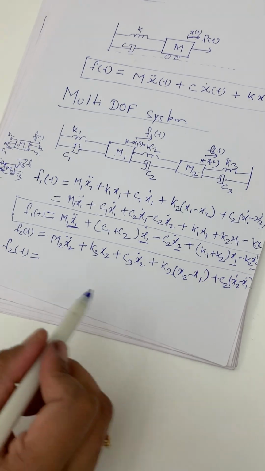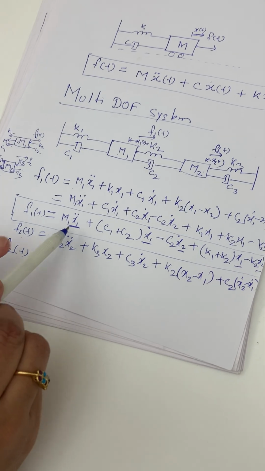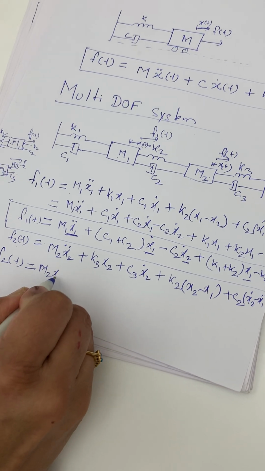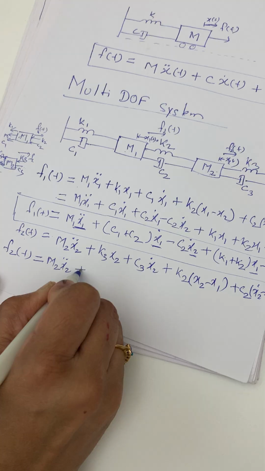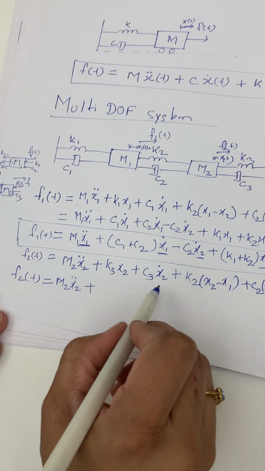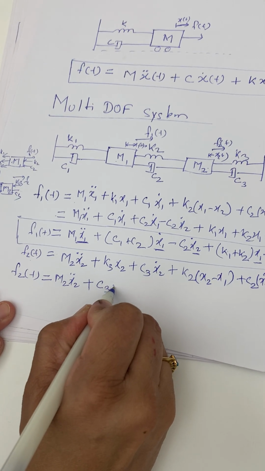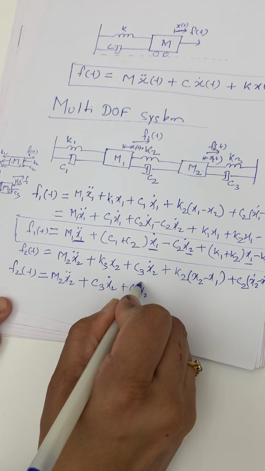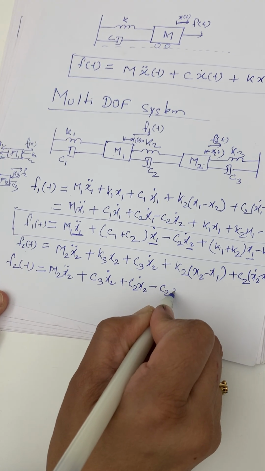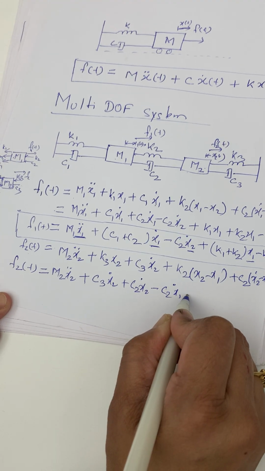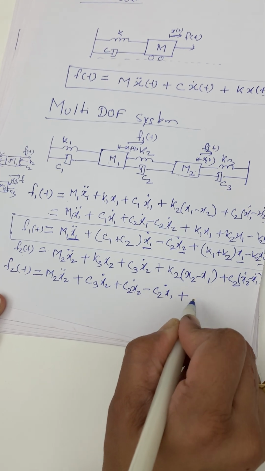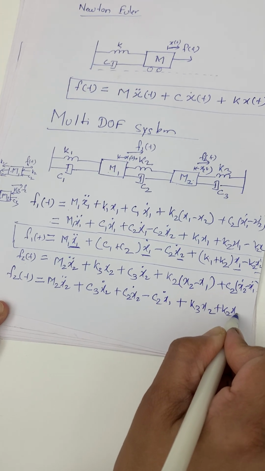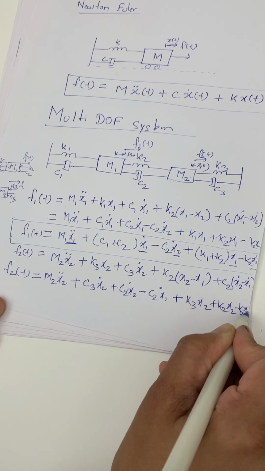Okay. Further manipulation, because we want it in the same format. So M2 x2 double dot plus C3 x2 dot plus C2 x2 dot minus C2 x1 dot plus K3 x2 plus K2 x2 minus K2 x1.